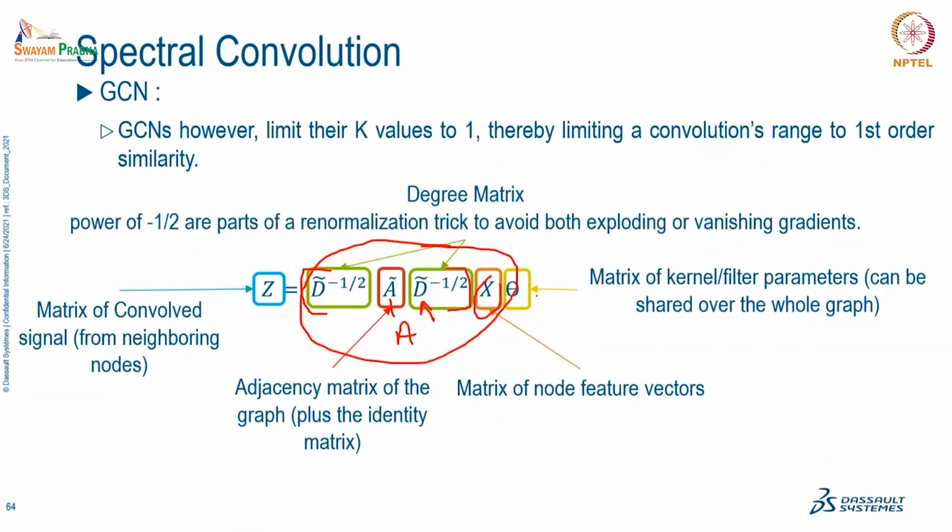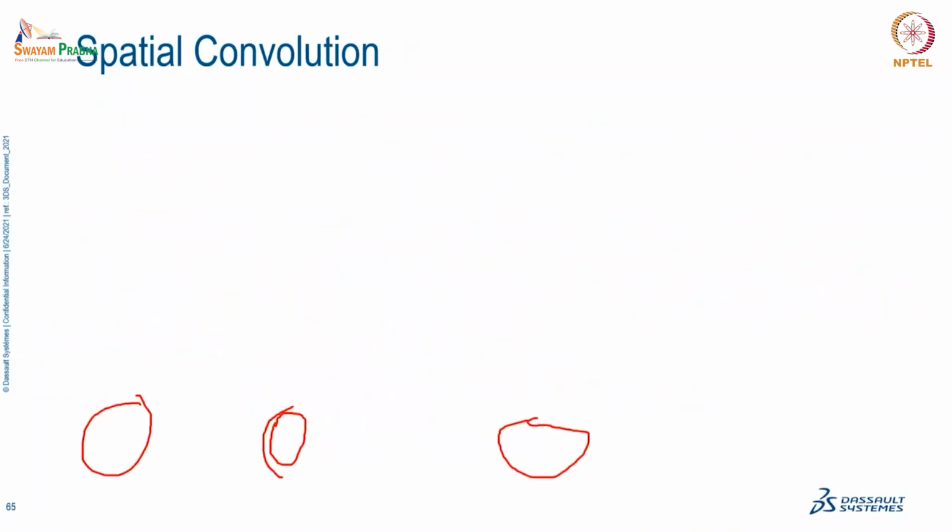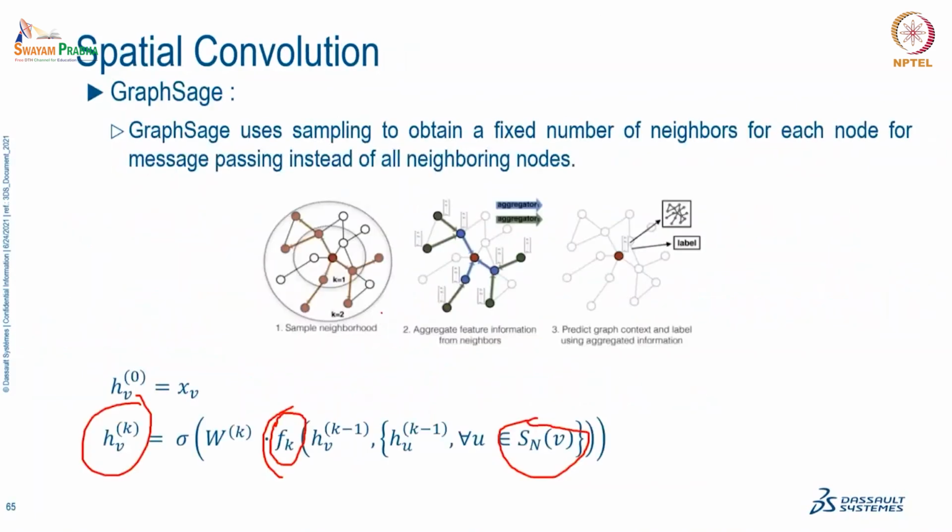What the aggregate function actually does depends on the implementation of individual architectures. For GCN, it is this particular thing. Don't consider X, it is theta and this constant. For GraphSAGE, it is the aggregation of its neighbors. Basically, this is the aggregate function.